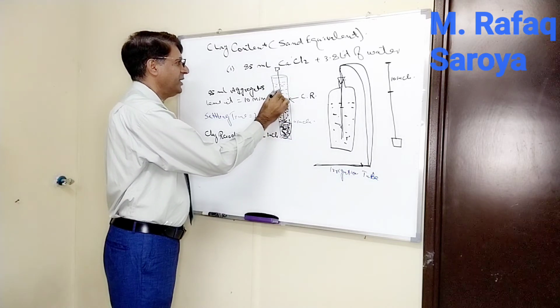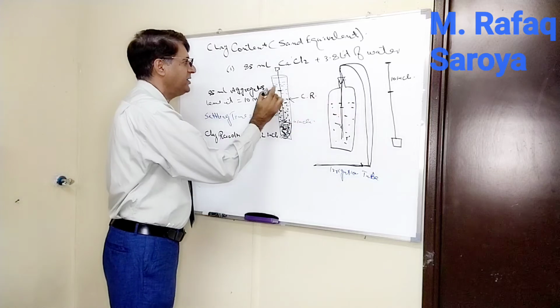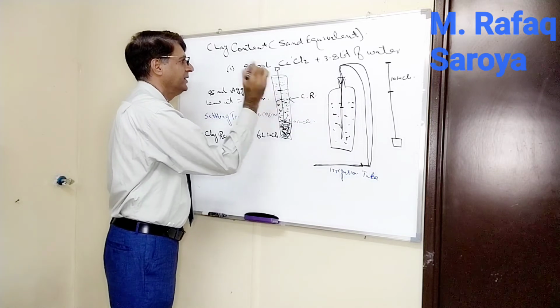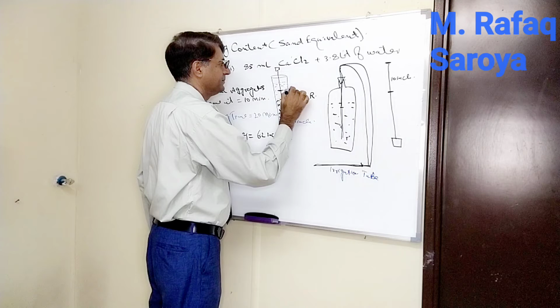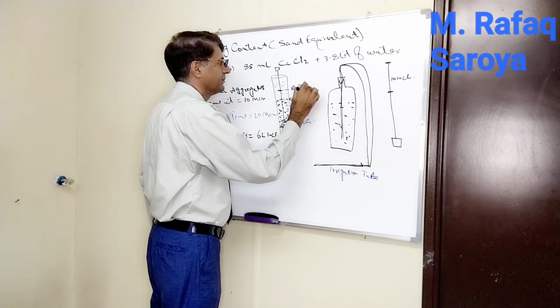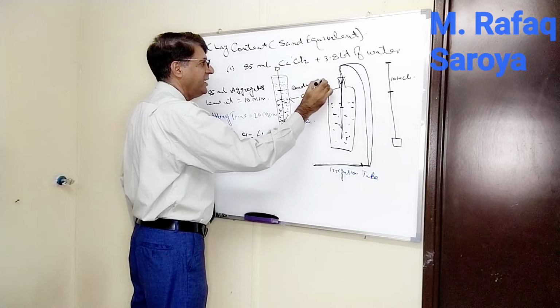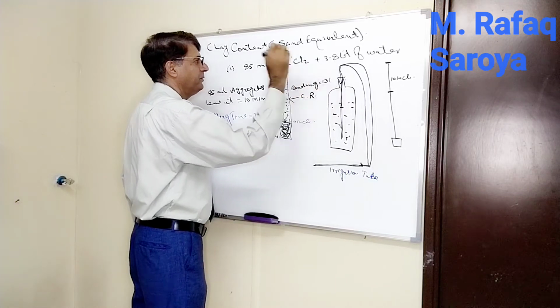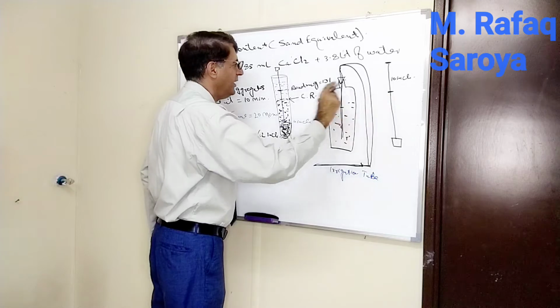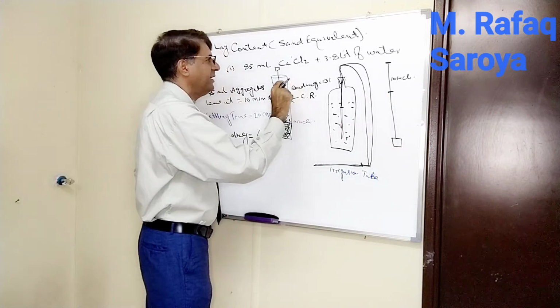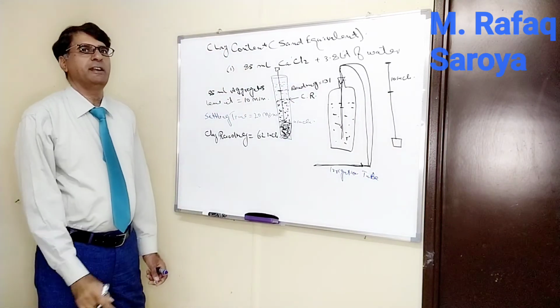The point where it touches the wall, its reading is taken. Let us assume that this reading is 13.1. This point is touching the wall of the cylinder at 13.1.